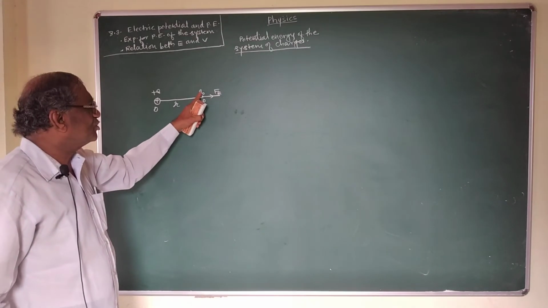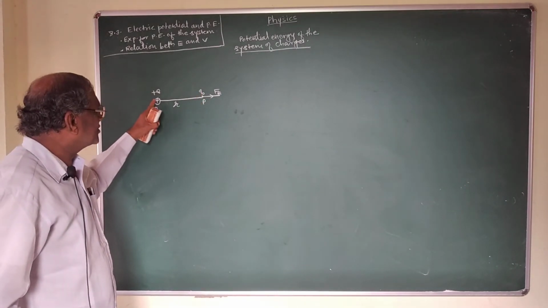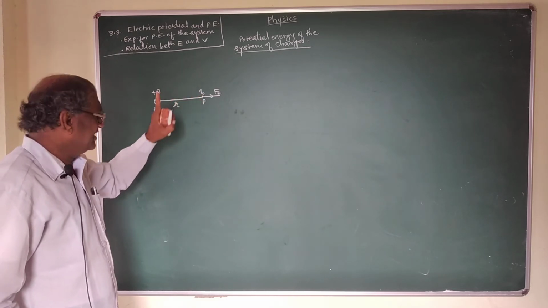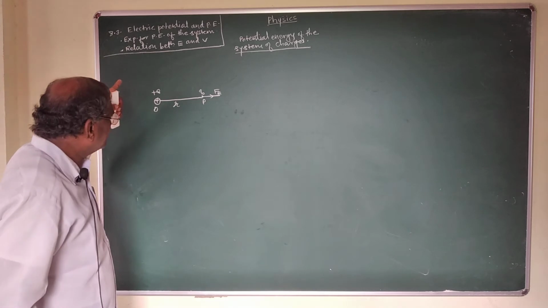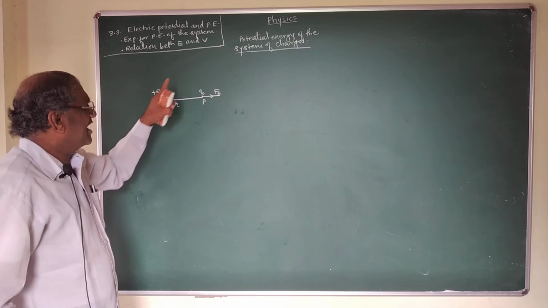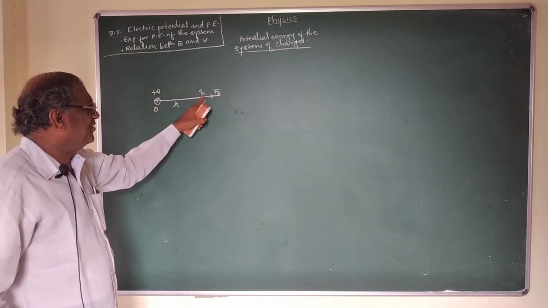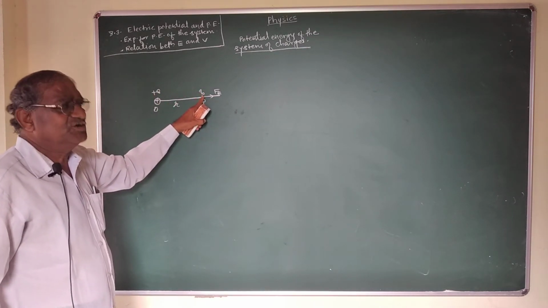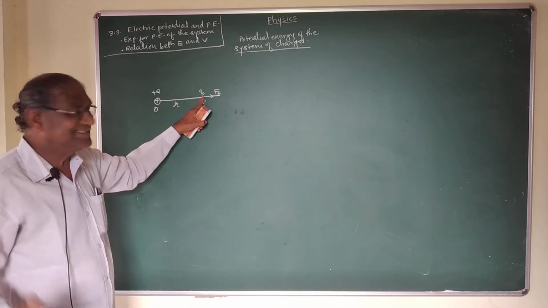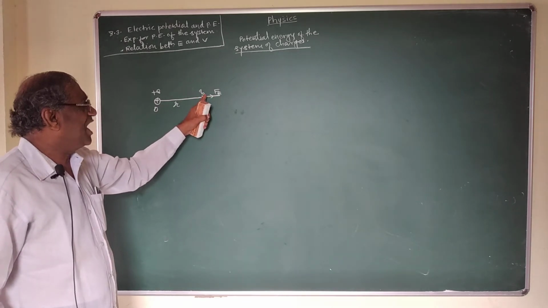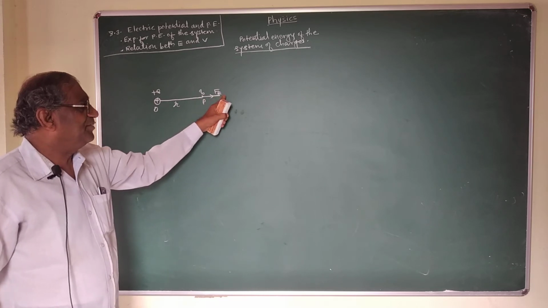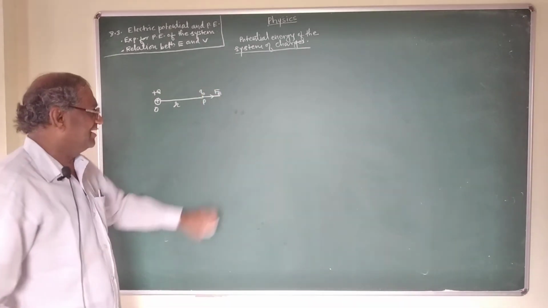experienced by the Q0 charge due to the plus Q charge, because we place this Q0 charge in the electric field of this plus Q charge. Naturally, this plus Q charge repels this Q0 charge at point P, so that the Q0 charge at point P has a tendency to move away from point P, along this direction.